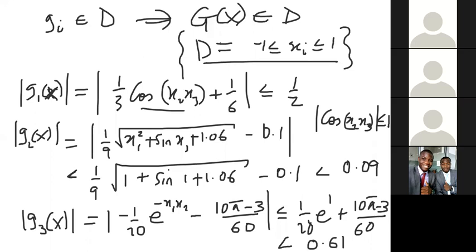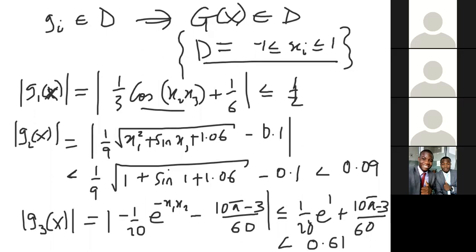Okay, so in short, you're just picking the value that would make the absolute value greater. Isn't it? Yeah, definitely. So I need to look at the maximum value that I'll be able to get for that absolute value of g1(x).